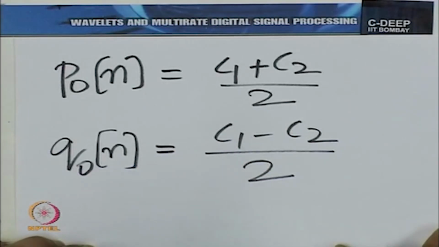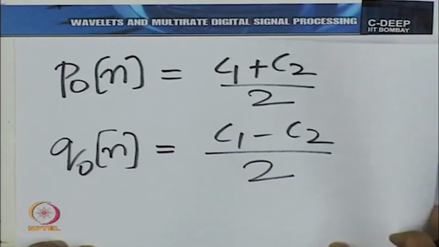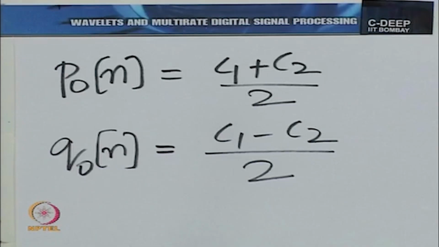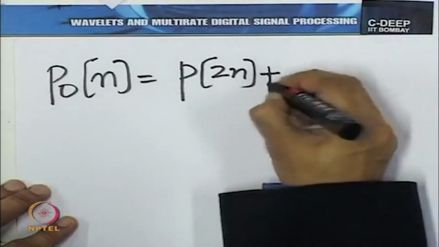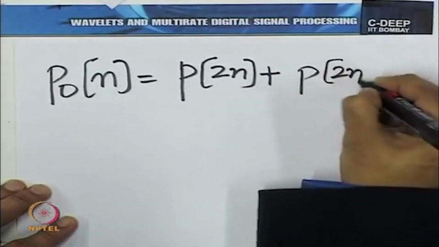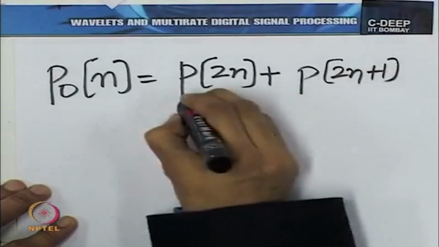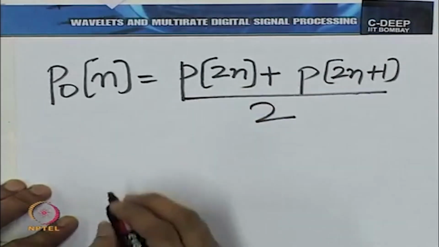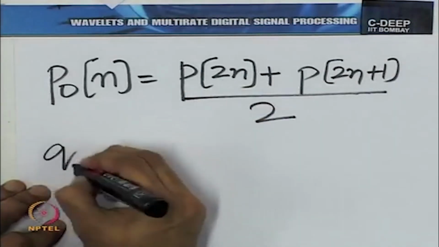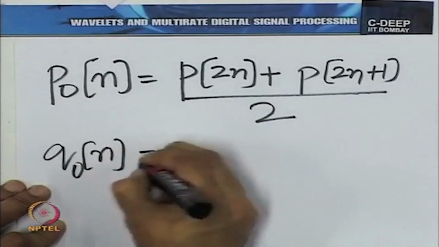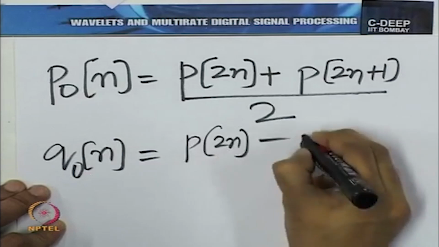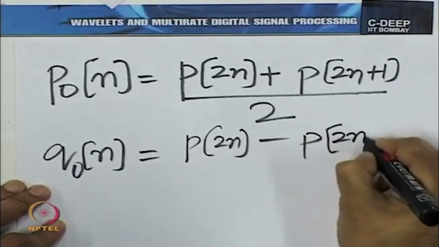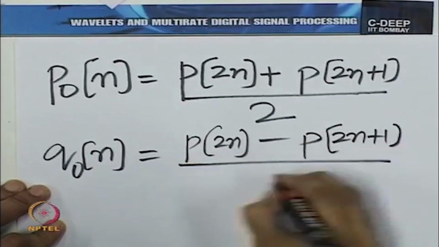Now, let us combine these equations. So, we have P 0 n is P 2 n plus P 2 n plus 1 by 2, and Q 0 n is P 2 n minus P 2 n plus 1 by 2.